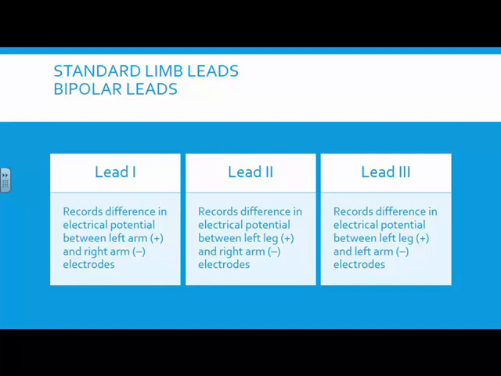All right, so for lead one, it records the difference in the electrical potential between the left arm and the right arm. Your left arm, patient's left arm, is positive. The right arm is negative, all right? So here's the thing that I need y'all to remember. We're always going to record from negative to positive, okay? From negative to positive.